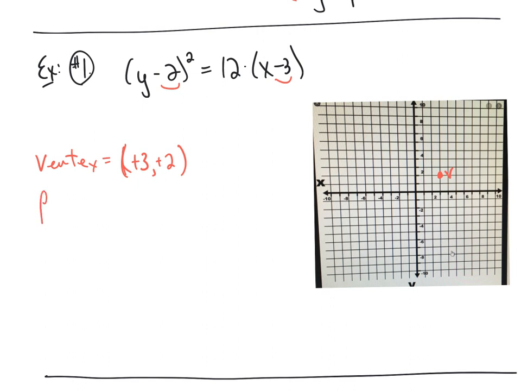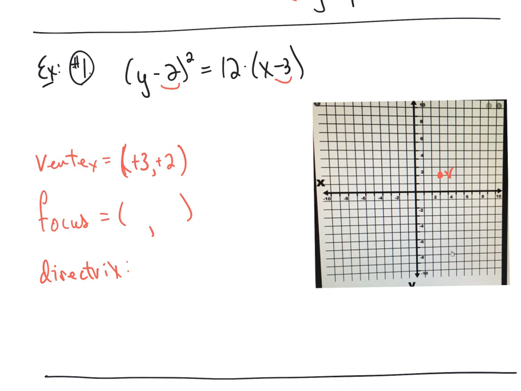Now the next 2 things we're going to find are the focus as an ordered pair, and then the directrix as an equation. Because the directrix is a straight line, it's going to be, for now, either a vertical line or a horizontal line. So we'll have to make up our minds as to what that is.